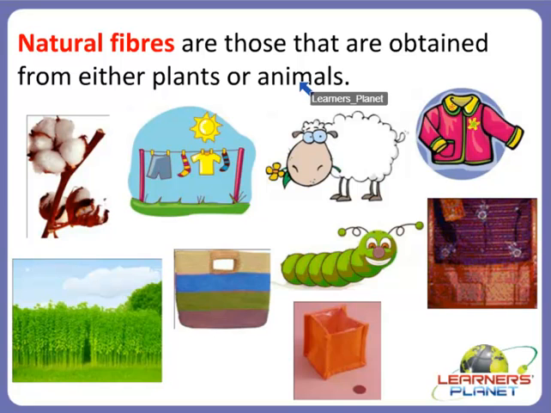So we can see here some examples. The fibers which we obtain from plants are the cotton cloths. The cotton cloths are made from the cotton plant.